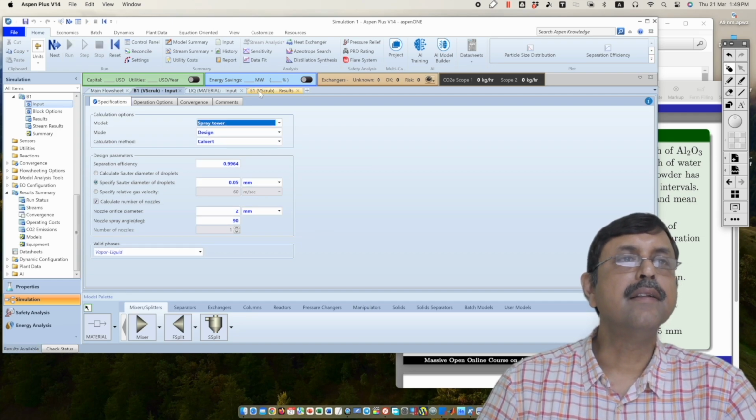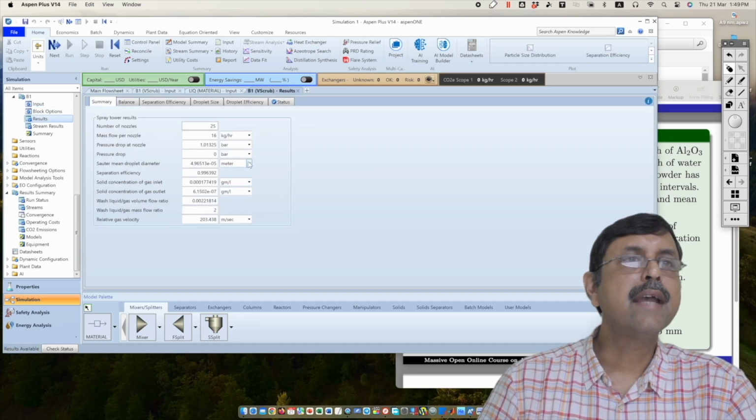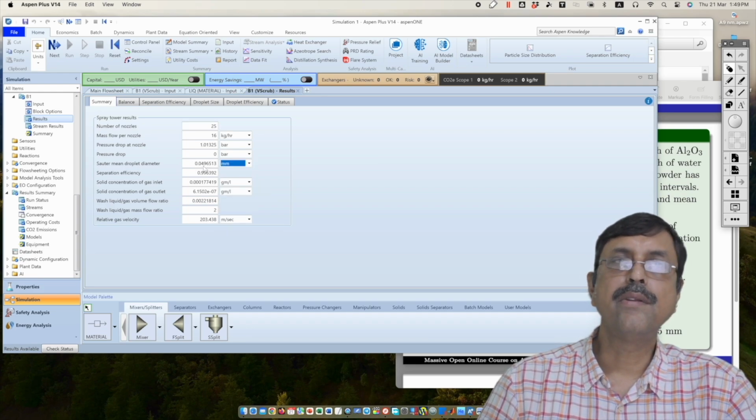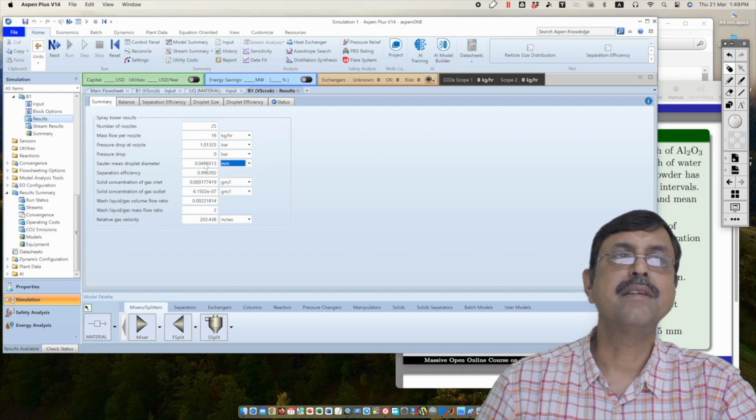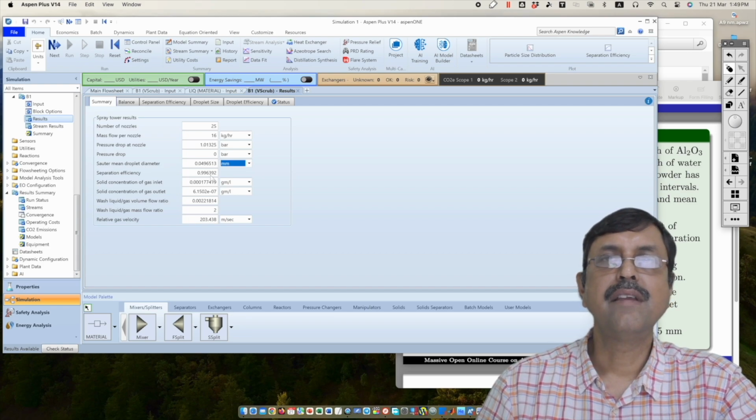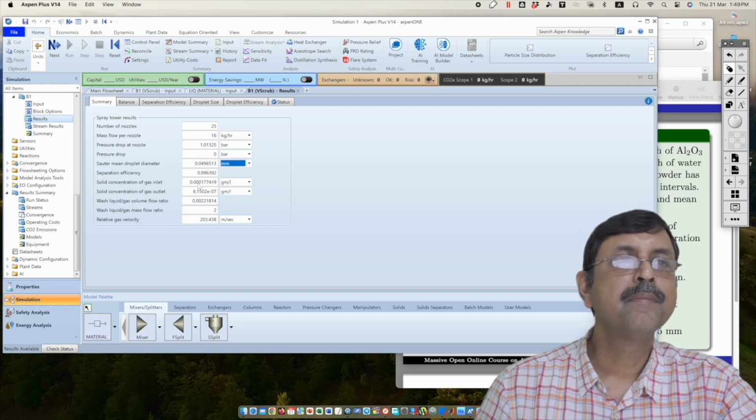And see the results. As expected, the Sauter diameter has become 0.05, but how many nozzles do we need? 25 nozzles. Okay, so they are saying that we have to have 25 nozzles to arrive at this Sauter mean droplet diameter. And our separation efficiency is kept as before.